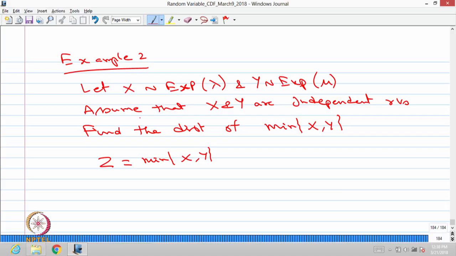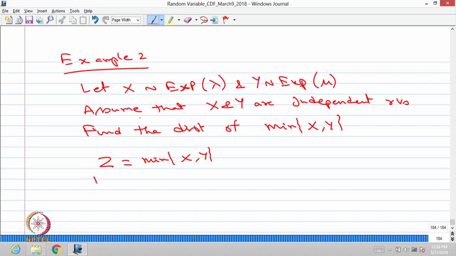Since x is a continuous type and y is a continuous type, the minimum of x comma y is also going to be a continuous type random variable. Therefore, I have to find the CDF or the probability density function of Z. By using the previous theorem, I could directly get the density of Z, but I am going to find the distribution of Z in the form of the CDF.